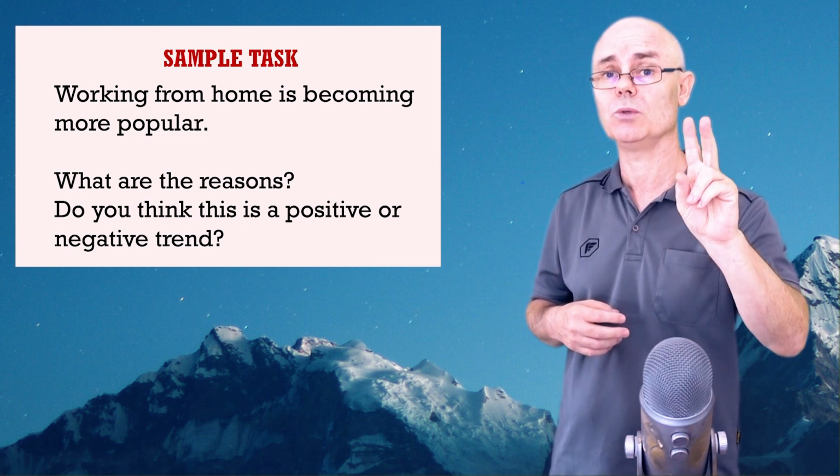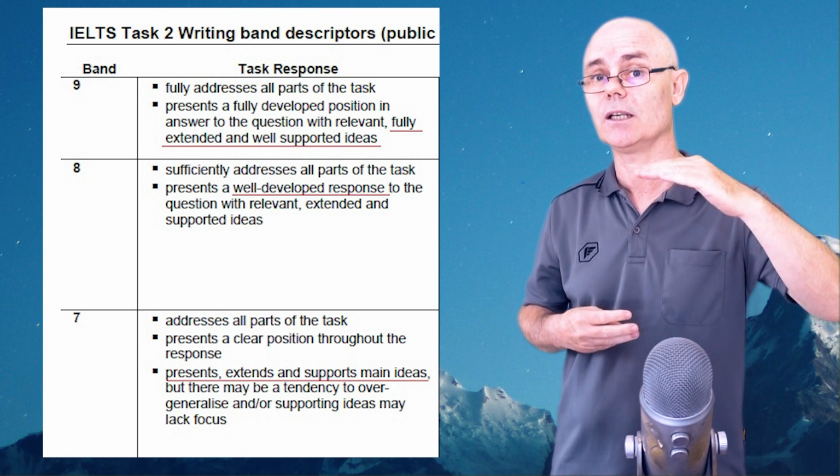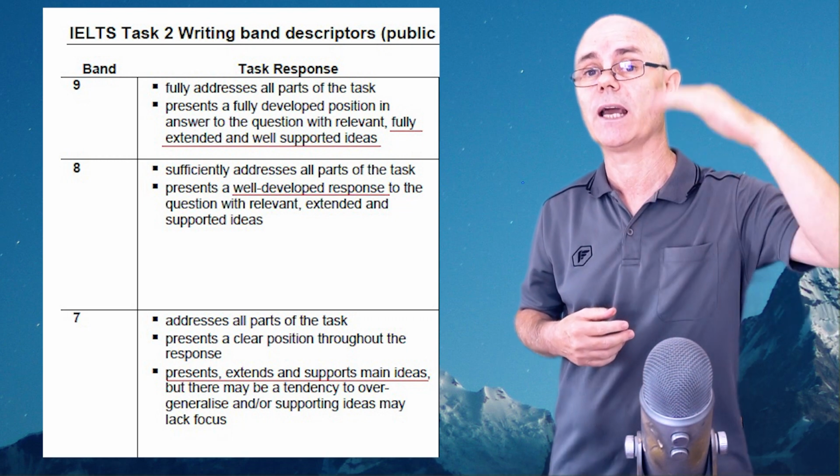I think 2 is the perfect number. 1 is not enough to address the plurality of the question, and 3 is probably going to be too many. We're either going to end up with a very long essay or we're not going to sufficiently develop our main ideas. And developing main ideas is the key to getting high scores, 7 and above.